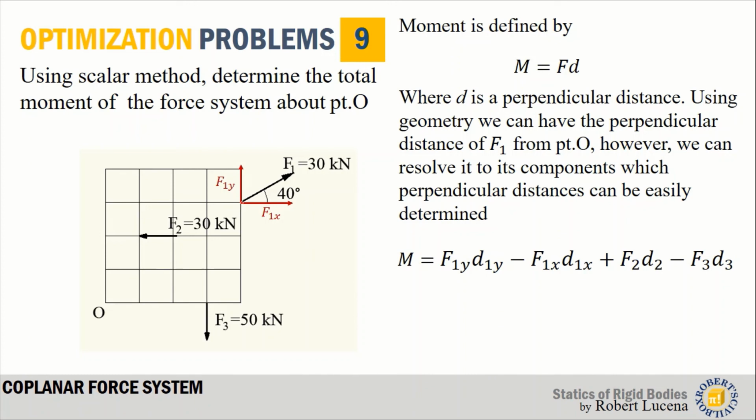As you can see, F1y causes a counterclockwise rotation about point O, that is positive, and F1x causes a clockwise rotation, that is negative. F2 causes a counterclockwise rotation, that is why this is positive, and F3 causes a clockwise rotation, so that is negative.